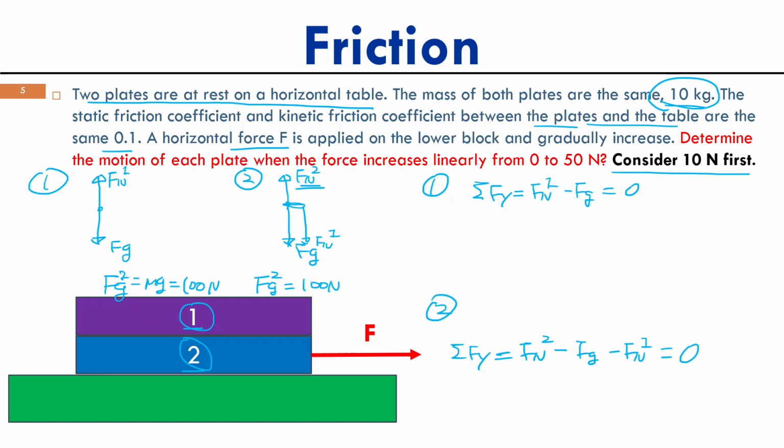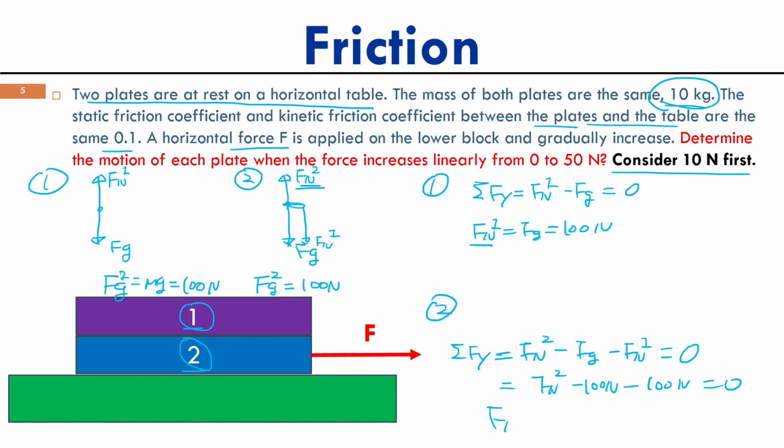So what can we learn if we know the weight? From the weight, we can know the normal force right away, because Fn1 equals Fg. So my normal force is 100 Newton. And for the second block, Fn2 minus 100 Newton minus the reaction force from this normal force, 100 Newton, equals 0.